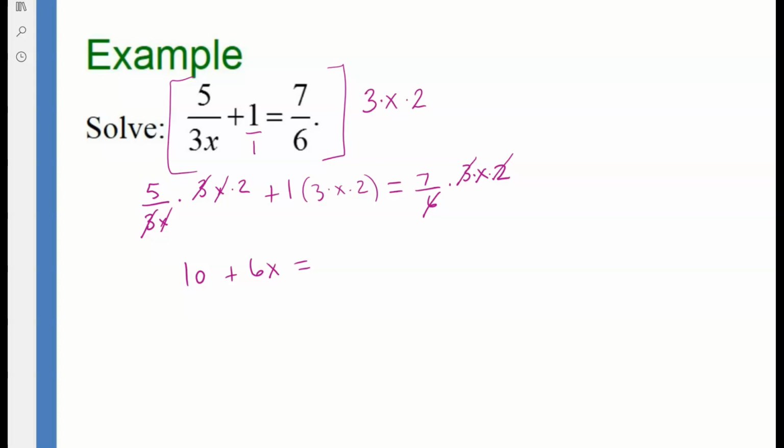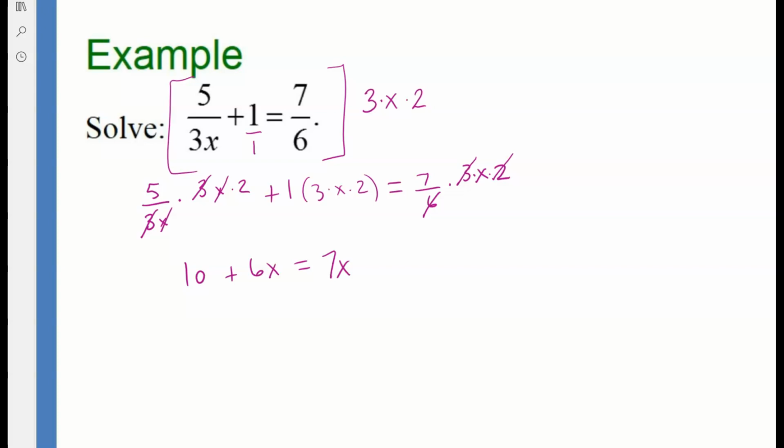Or I could factor 6 into 3 times 2 and see 3 over 3 is 1 and 2 over 2 is 1. And then multiply the things that are left over. The 7 times the x gives me 7x right here. Now if I get to this point and I still have fractions, then I did something wrong. Either I made an arithmetic mistake or I didn't multiply by a common denominator. You shouldn't have any fractions left over at this point right here.